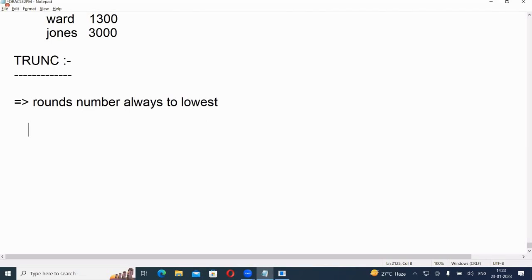If below average, lowest. Above average, highest. But trunc will not check the average. Always the number is rounded to the lowest one. So trunc number, comma, what? Decimal places. Syntax wise same.